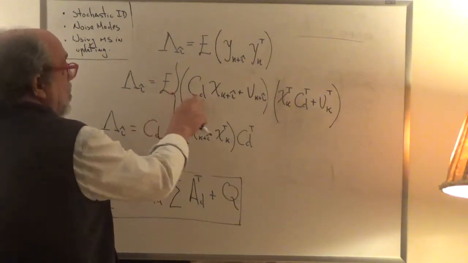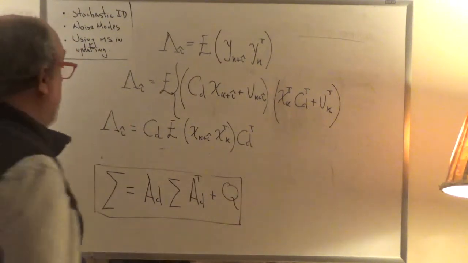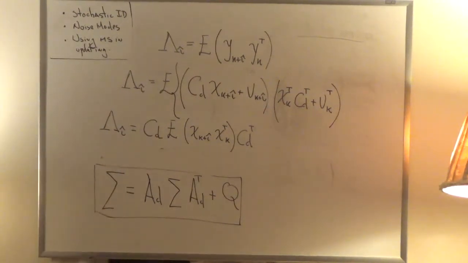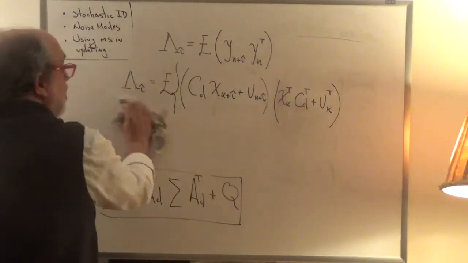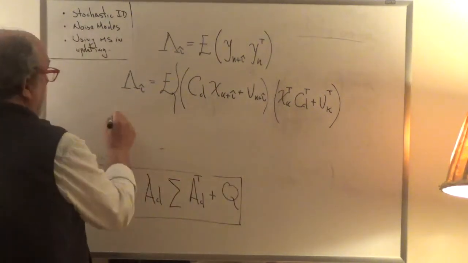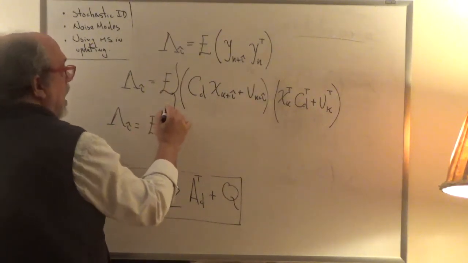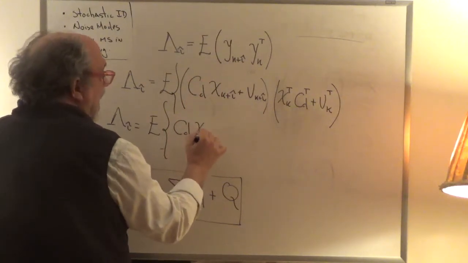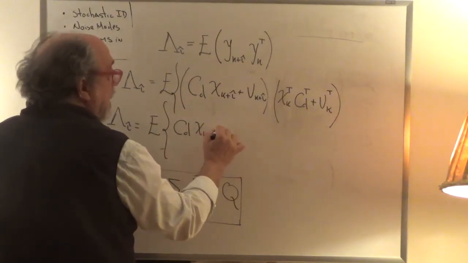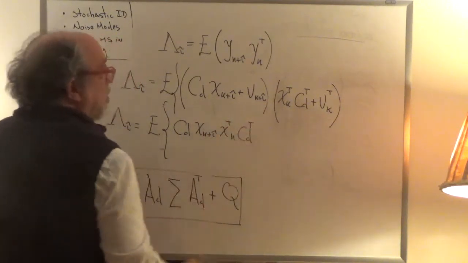Actually, you know what? I think I could be clearer by just leaving the expectation outside first, so you can follow better. Let me just say delta lambda I is equal to the expectation. I just leave this the same and just do the multiplication. So CD xk plus I times xk transpose times CD transpose.